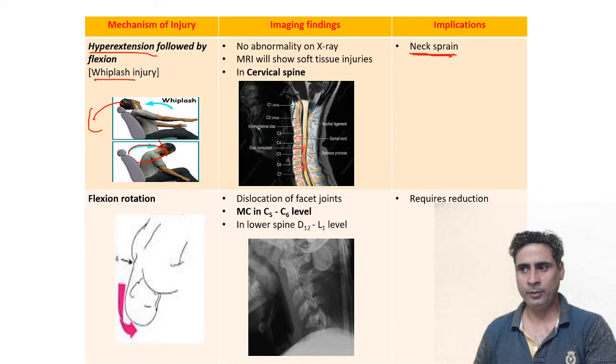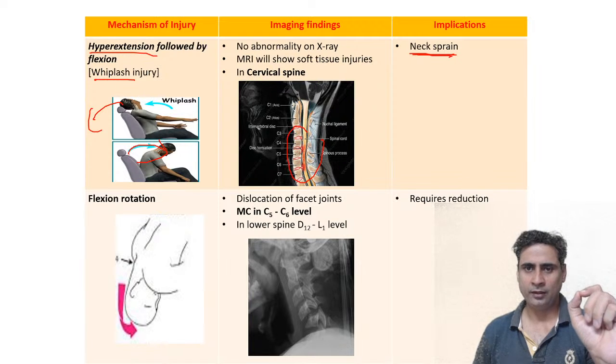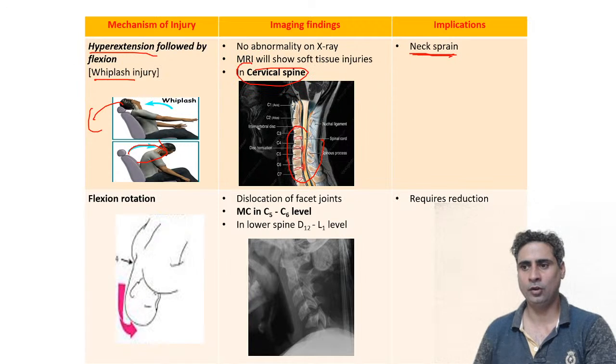So here the X-ray will be normal. Whatever there is, you will find on MRI. Here you can see the red damaged area on MRI. So the X-ray will be normal, and you can see soft tissue injuries on MRI. It is also more common in the cervical spine because flexion and extension are more common in the cervical spine.